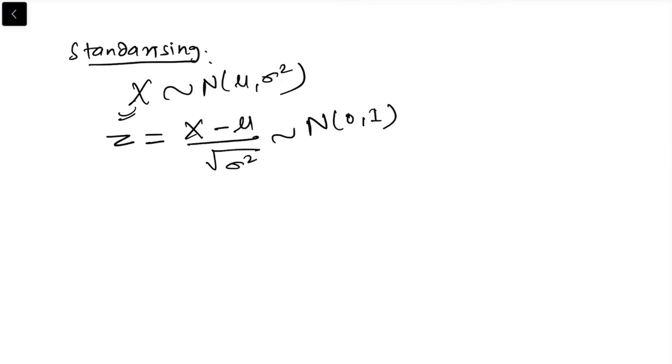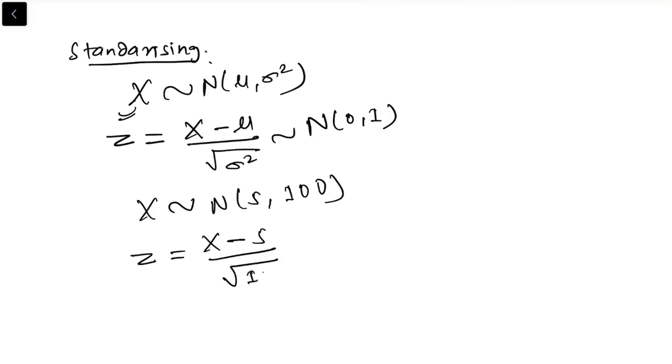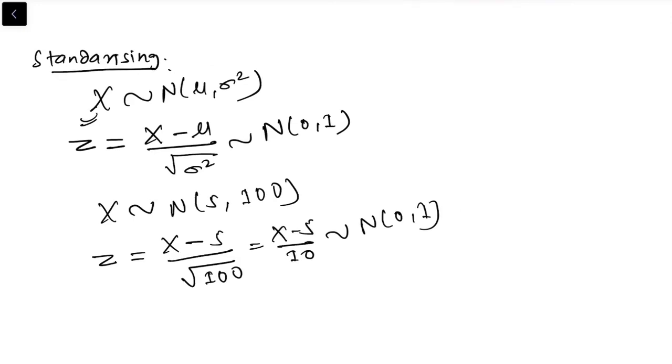All right, let's look at one example. Say x follows normal 5, 100, then z equals x minus 5 divided by square root of 100, which is x minus 5 divided by 10, follows standard normal 0, 1. Now let's see how we can use this conversion to calculate the probability. Suppose you are asked to calculate the probability x is less than 7, and this is a normal distribution.